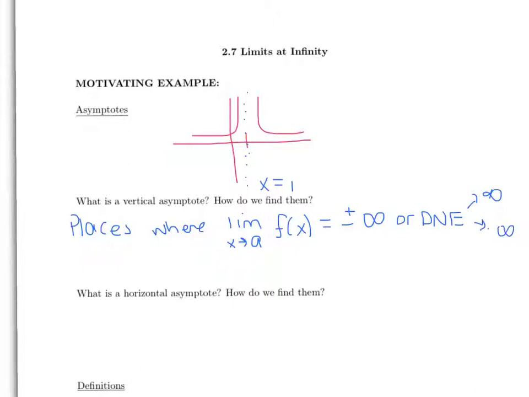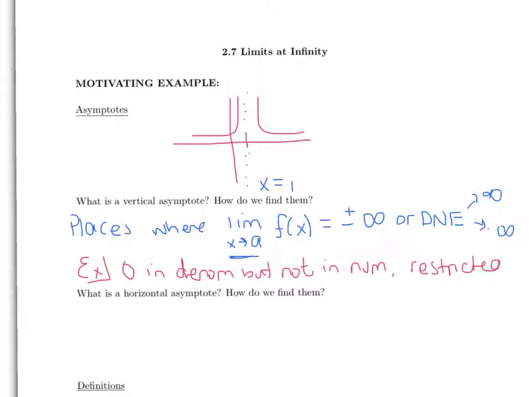Those are the things we're looking for when we talk about a vertical asymptote: any place where the limit at a particular a value is going to infinity, which we talked about in another section, but we didn't call it an asymptote. Mainly these are places where you have a 0 in the denominator but not in the numerator, or functions that have a restricted domain.